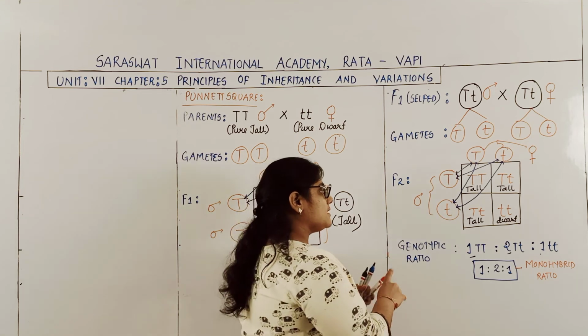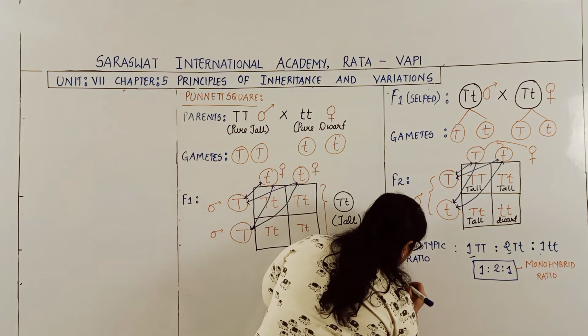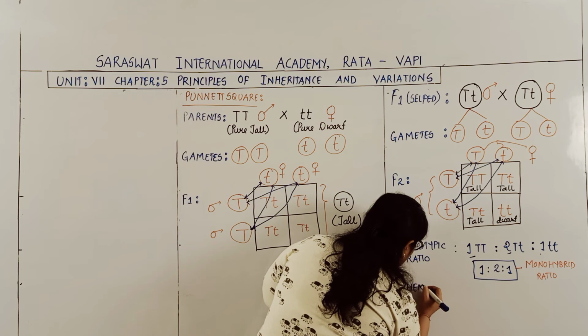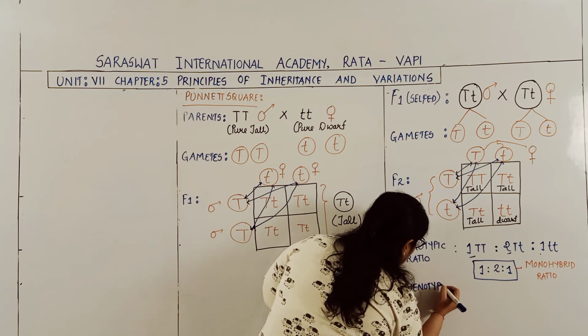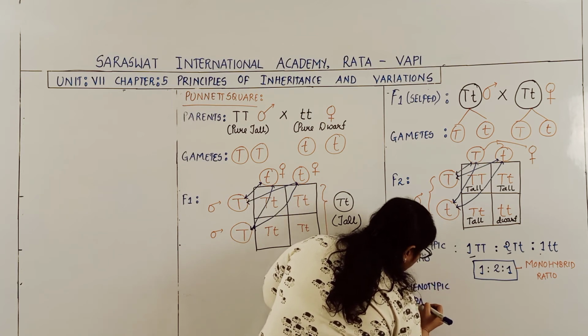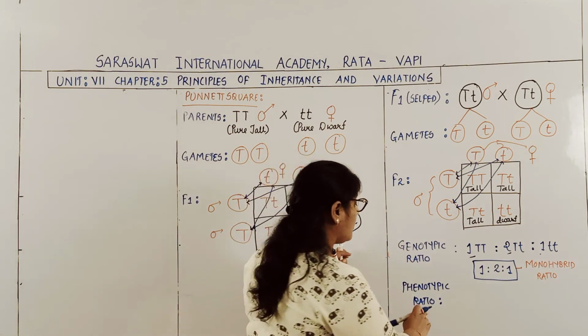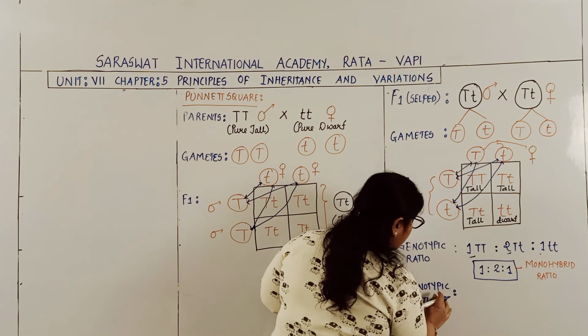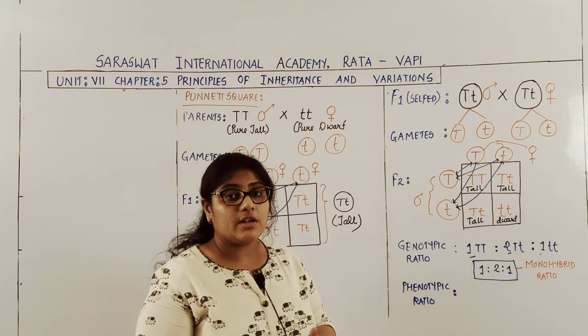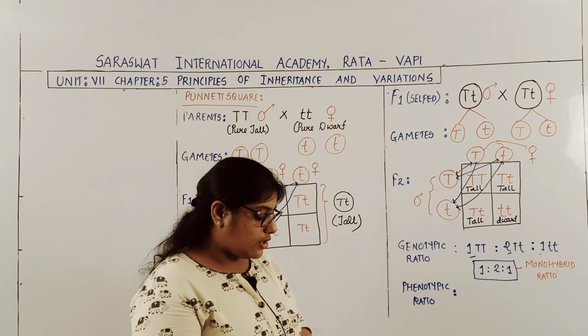And what is the phenotypic ratio? What do you mean by the phenotype? The physical, or you can say the observable appearance, the particular character observed. What is that called as? Phenotype.